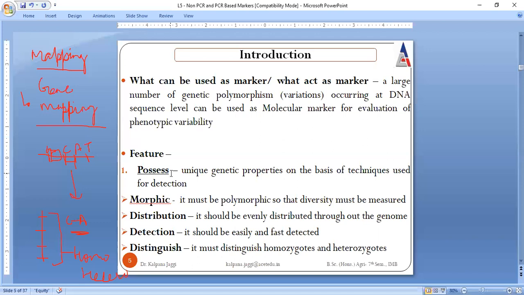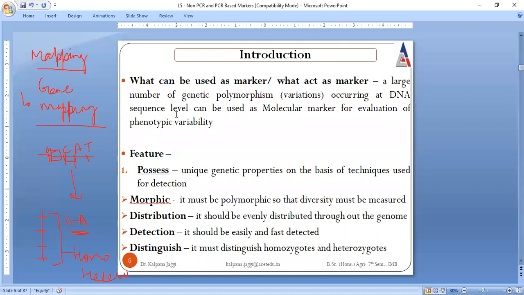This much is clear to you, that a molecular marker has a particular sequence, is located at a particular location on the chromosome, and helps in the analysis of DNA that may be present in a pool containing unknown DNA. This is clear to you all. But what is to be utilized as a molecular marker?